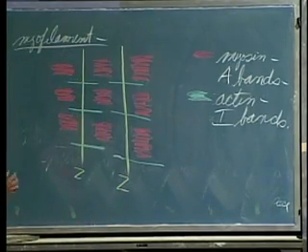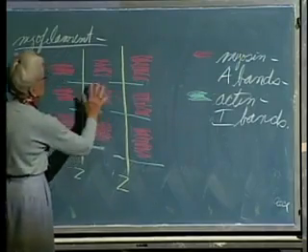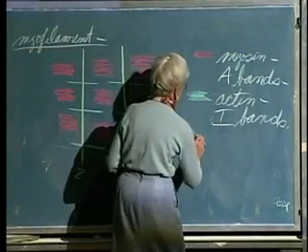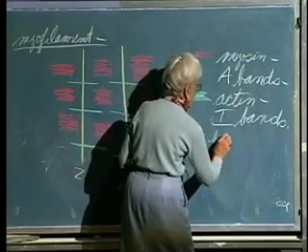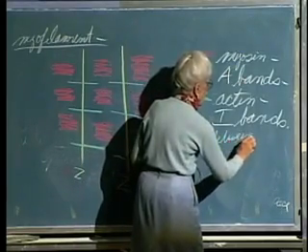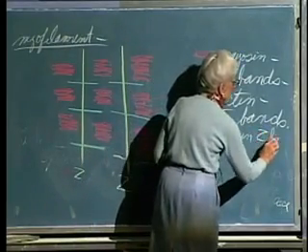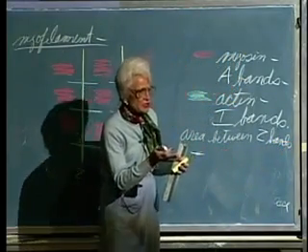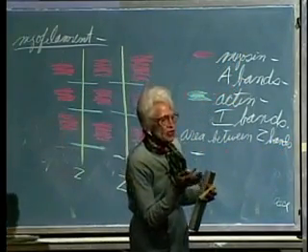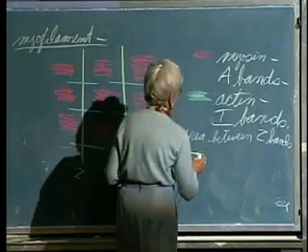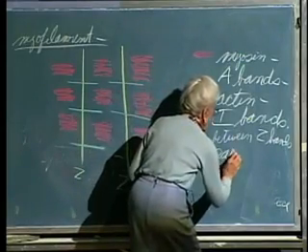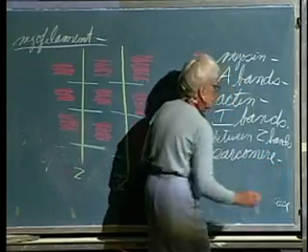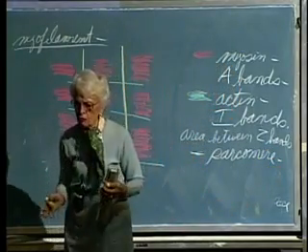Now, what's the area between the Z bands called? That's called your, somebody said it over here a moment ago, sarcomere, right. So how are we going to define a sarcomere?